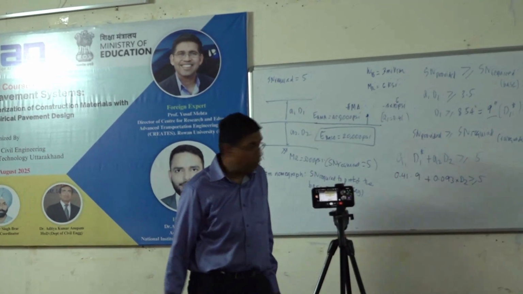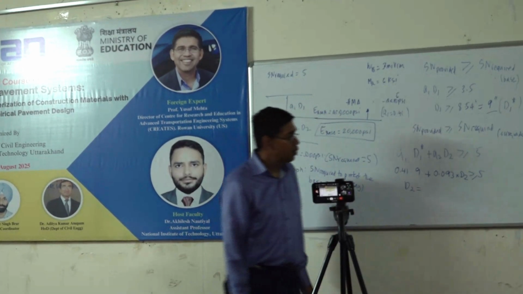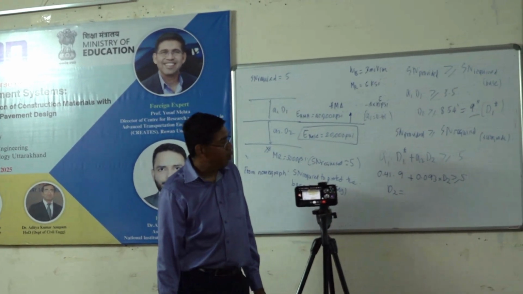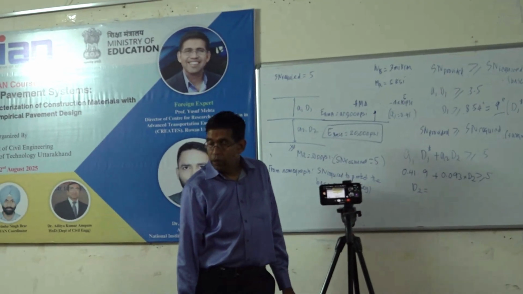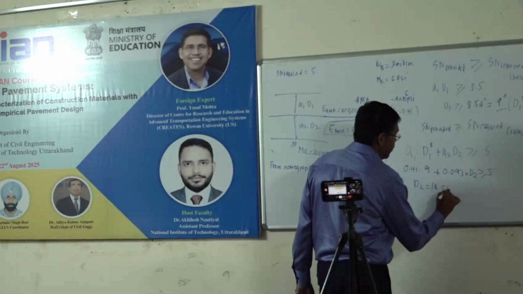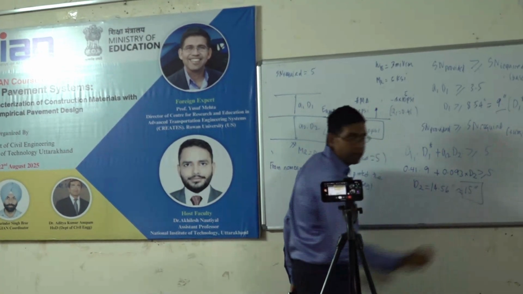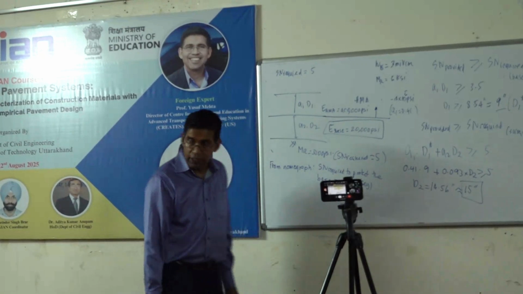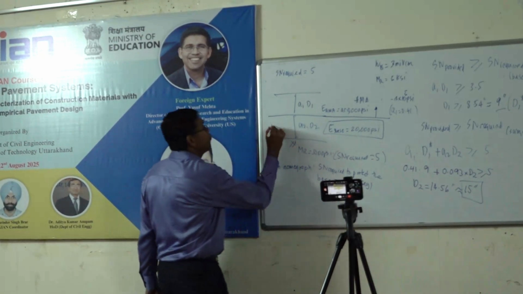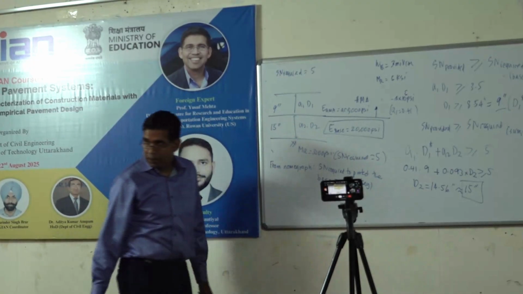And what is your D2? 14.56. I round up to the next half, 15, right? Fair enough? So my answer would be 15 inches of this and 9 inches of this.